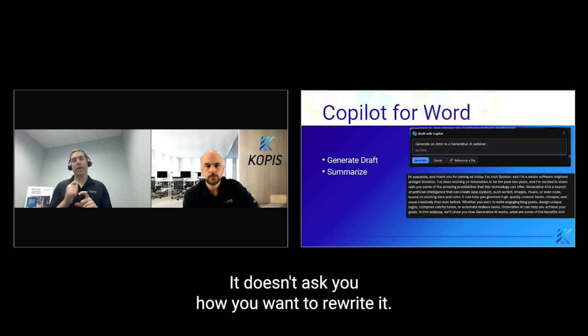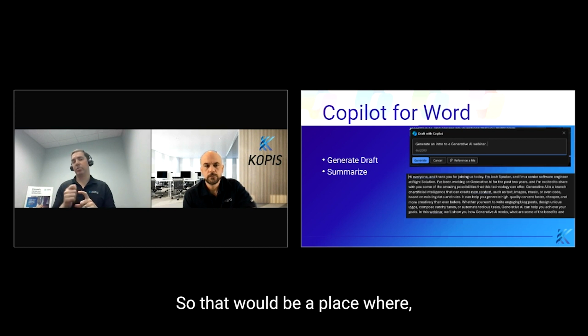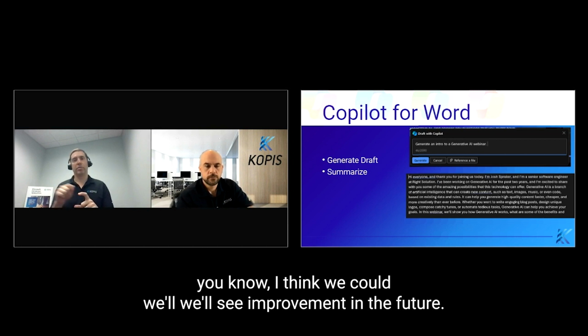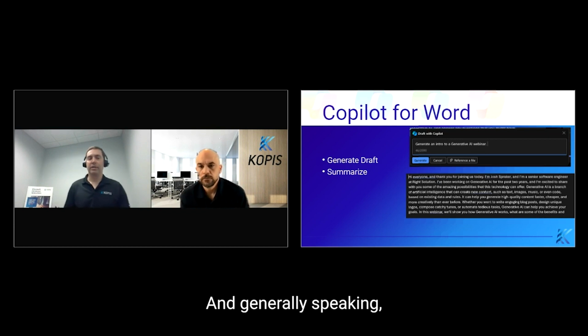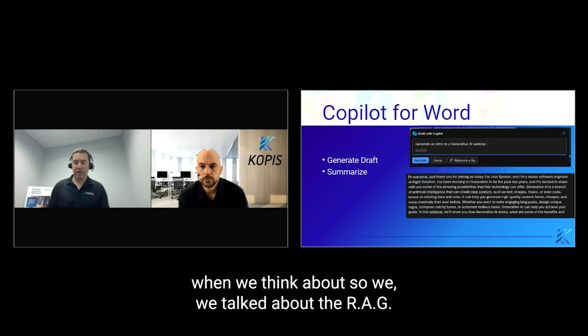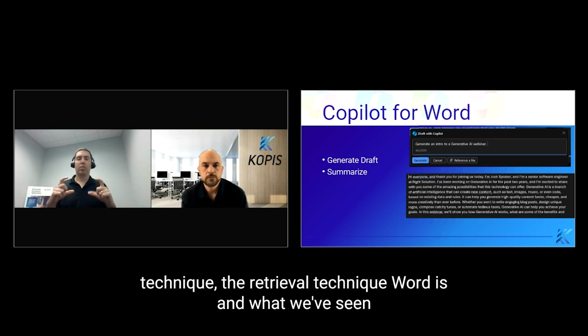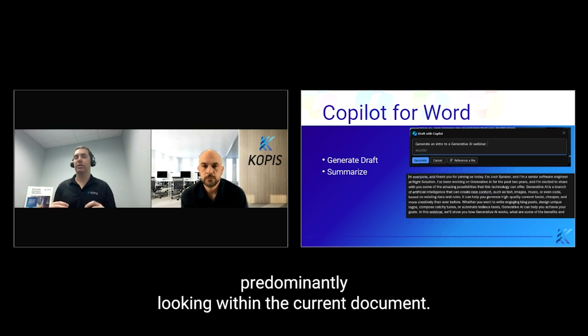It doesn't ask you how you want to rewrite it, so that'd be a place where I think we'll see improvement in the future. And generally speaking, when we think about the RAG technique, the retrieval technique, Word is, what we've seen, predominantly looking within the current document.